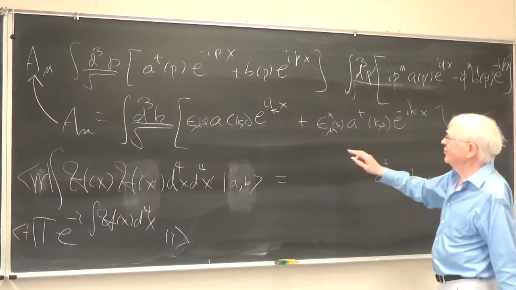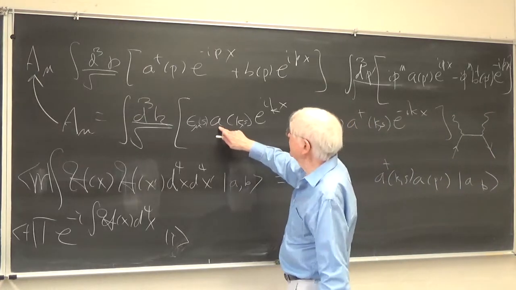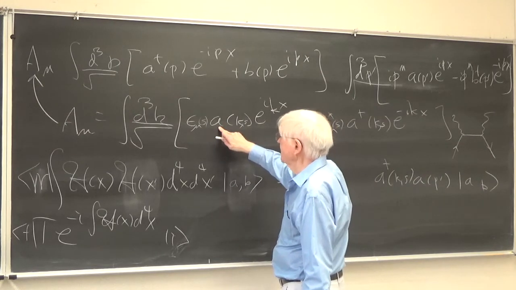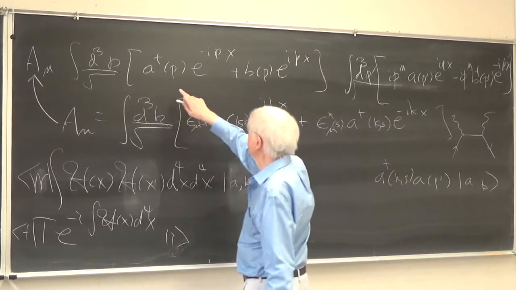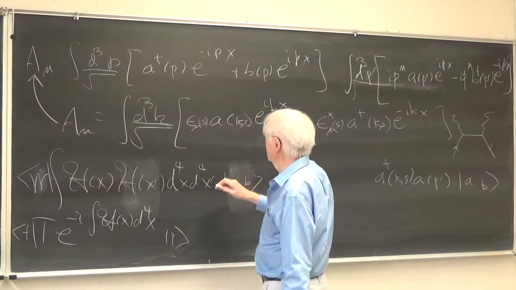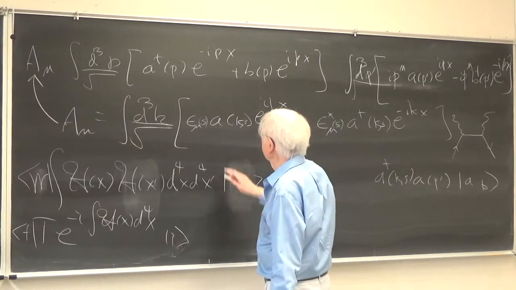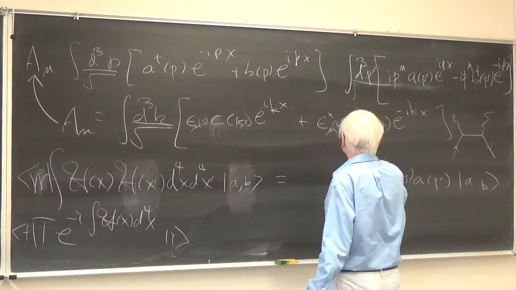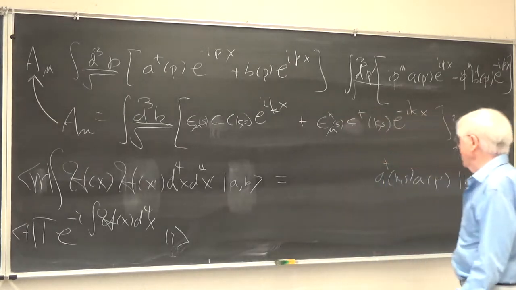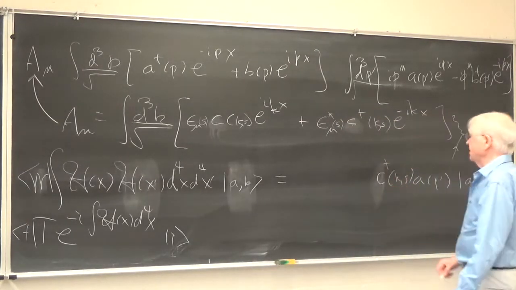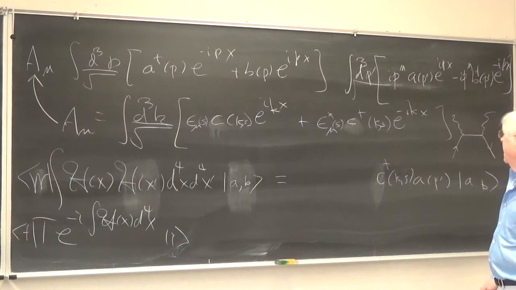Oh, unfortunately I have used an A for the annihilation operator of the photon, and A for the annihilation operator for the charged spin zero boson. So let me call this C for the photon creation and annihilation operators. So this will be a creation operator for a photon, and so I'm taking those two out.